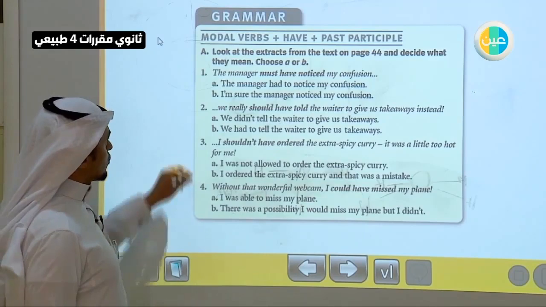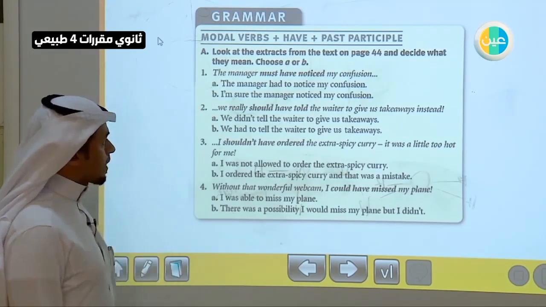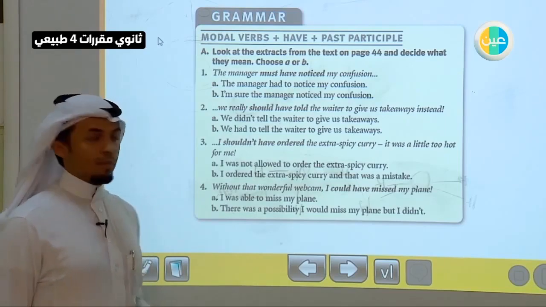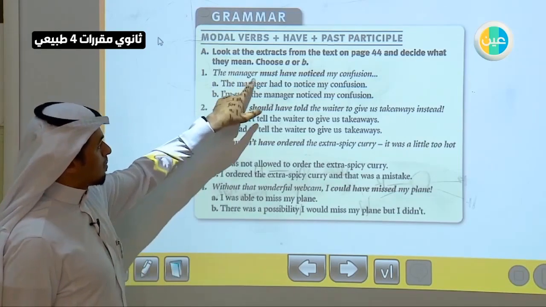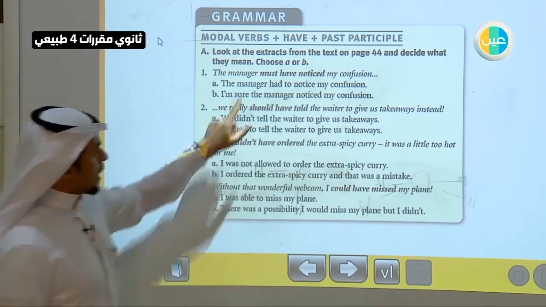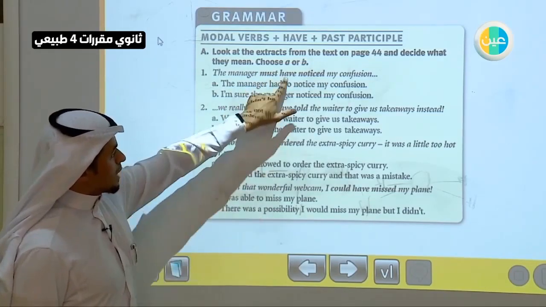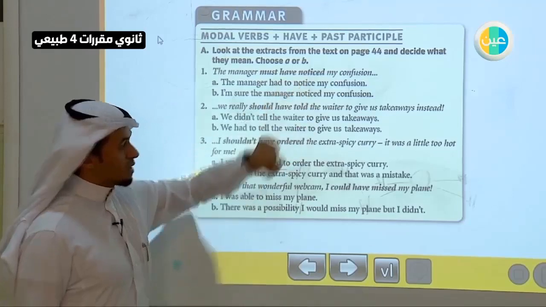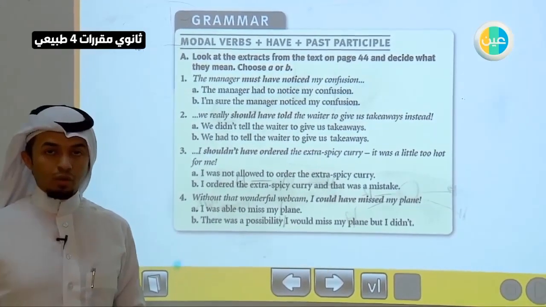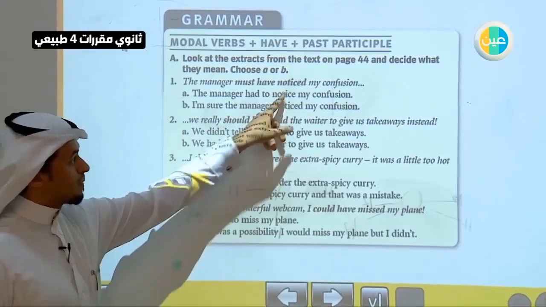So, choose A or B. The manager have noticed my confusion. The manager must have noticed my confusion. So we have must plus have plus noticed. Noticed is the past participle of the verb notice.